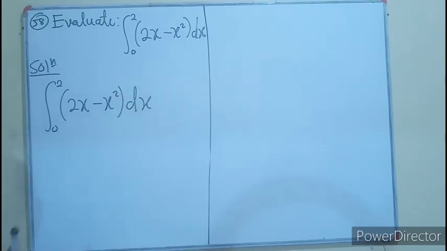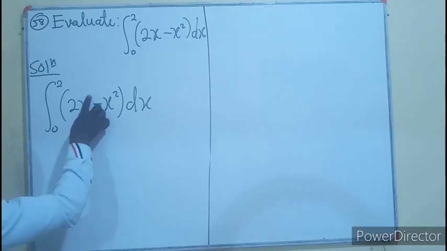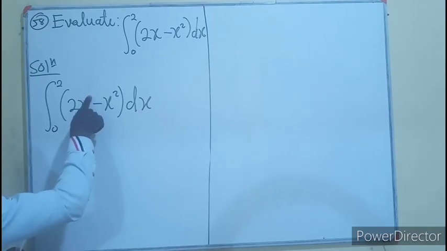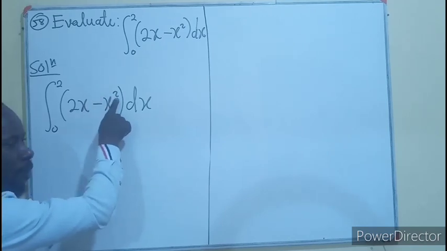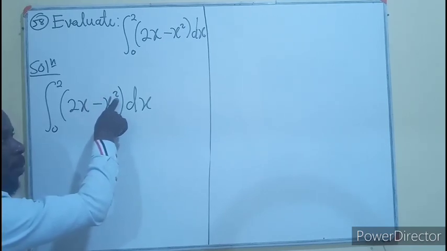In integration, we increase the power of the variable by 1 and divide by the result. So I will increase this power by 1. It already has the power of 1, so it becomes 2. The other has a power of 2, so it becomes 3.